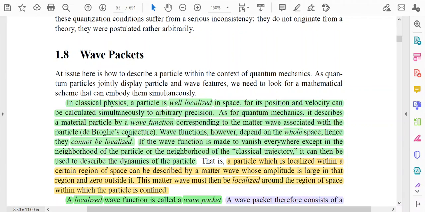In classical physics, a particle is well localized in space. Its position and velocity can be calculated simultaneously to arbitrary precision. So to describe a particle in mechanics, two quantities, position and velocity, are needed.